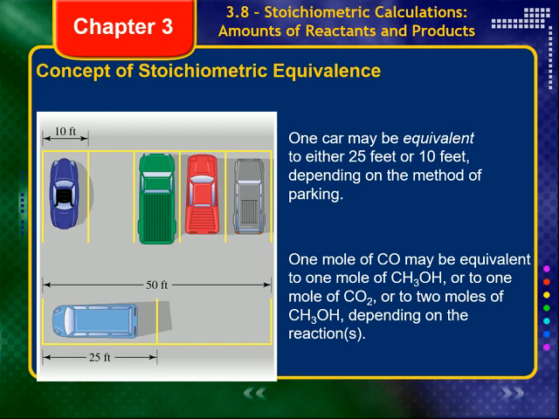If we expand that into the atomic realm, 1 mole of carbon monoxide may be equivalent to 1 mole of CH3OH, or it might be equivalent to 1 mole of CO2 or to 2 moles of the CH3OH. It just depends on the reaction. So you have to look at whatever equation you're talking about in that specific problem.